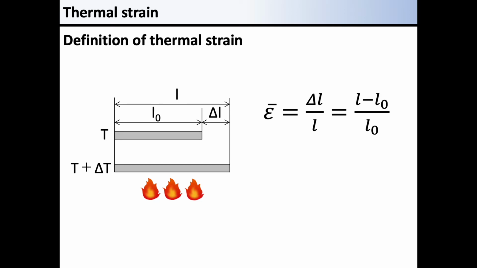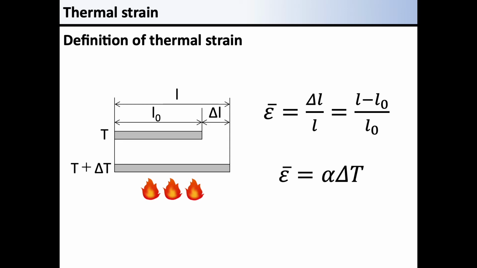So, we need to define the relationship between thermal strain and temperature. The relationship is given by the following equation. You may notice what the equation means. The thermal strain on the left is proportional to the temperature change.